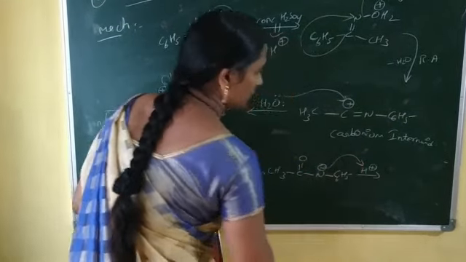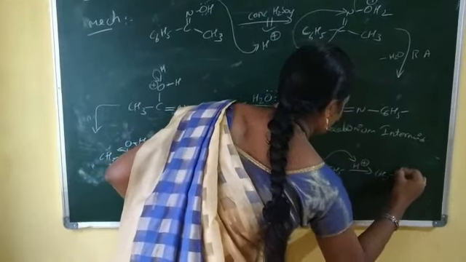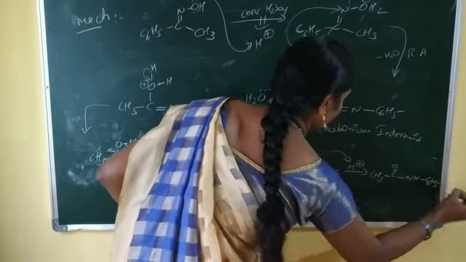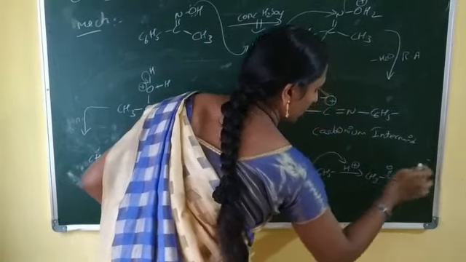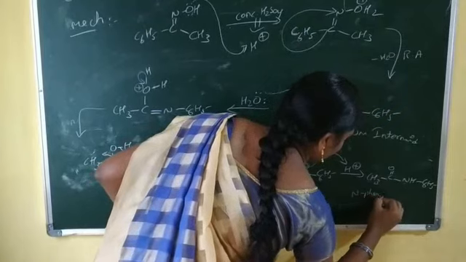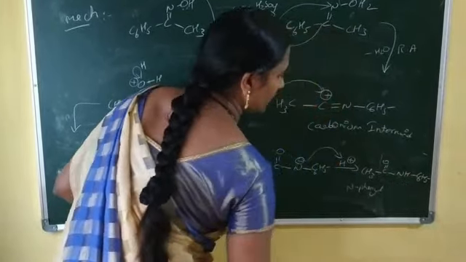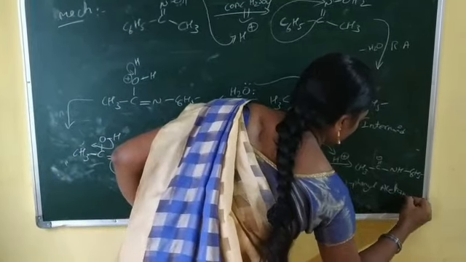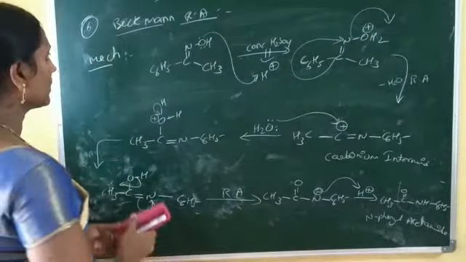This nitrogen abstracts the H plus to give CH3, C double bond O, NH and C6H5. The nitrogen has a phenyl group directly bonded to it, so N-phenyl. The functional group of this compound is an amide. So N-phenyl acetamide is observed in the Beckmann rearrangement.